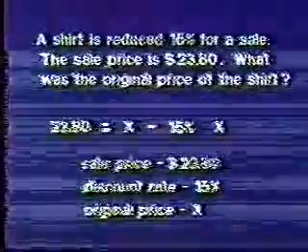Sale price is $23.80. The original price, you see, is X. Now the discount rate is 15%. Original price, X. Now 15% is generally written as a decimal in problems like this. That's the working model for a percent, you see. And now we're ready to go with a solution.